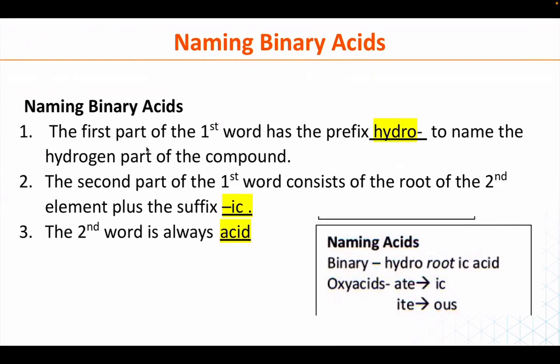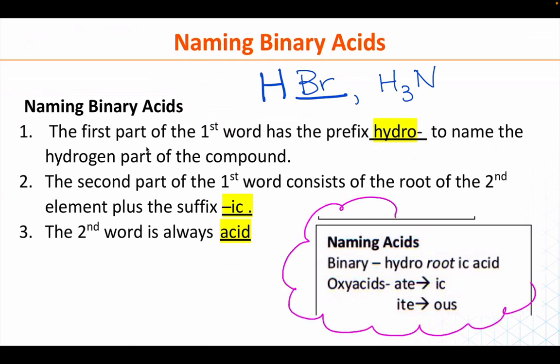There are different types of acids. Binary acid, bi means 2. These are always going to be just hydrogen and then one other element. It doesn't mean just one atom, like you could have HBr, but you could also have H3N. Even though there's a subscript on the second one, there's still only 2 types of elements. When you do these, again, the helpful part is on your pink sheet, you're going to use this helper.